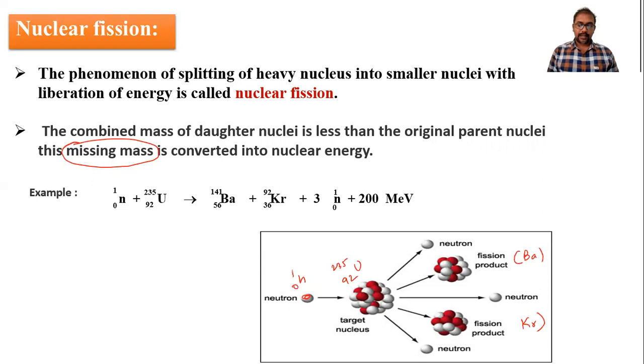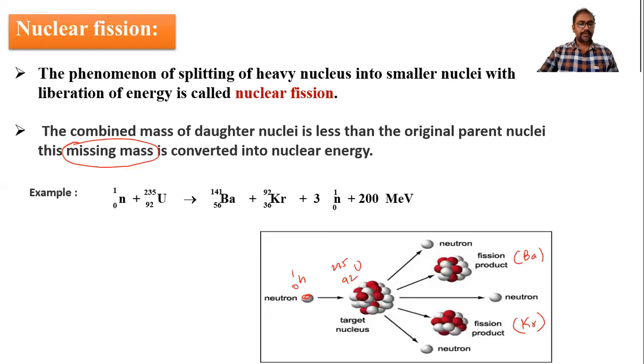And three neutrons are released, neutron 1, neutron 2 and neutron 3, as well as energy. One neutron is bombarded on uranium, it separates into barium and krypton, and three neutrons are released with the energy. So this is nuclear fission.